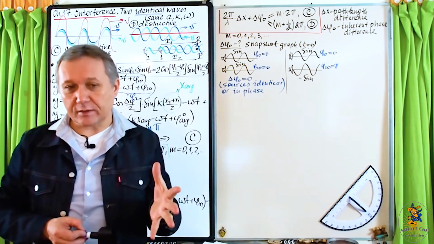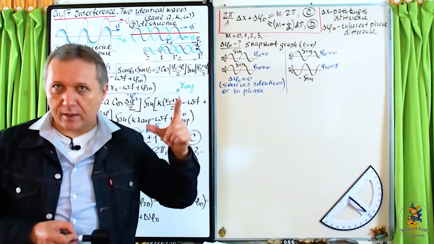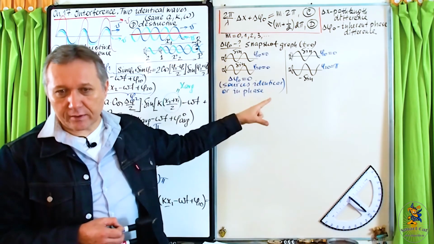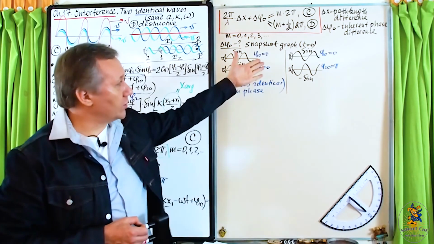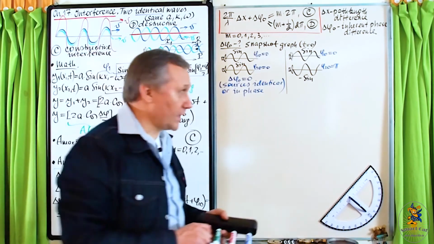Again, if the problem says we have two out-of-phase sources, it should trigger your brain immediately. Out of phase means the inherent phase difference is pi. So one generates sine function, the second generates minus sine function at the initial moment of time.